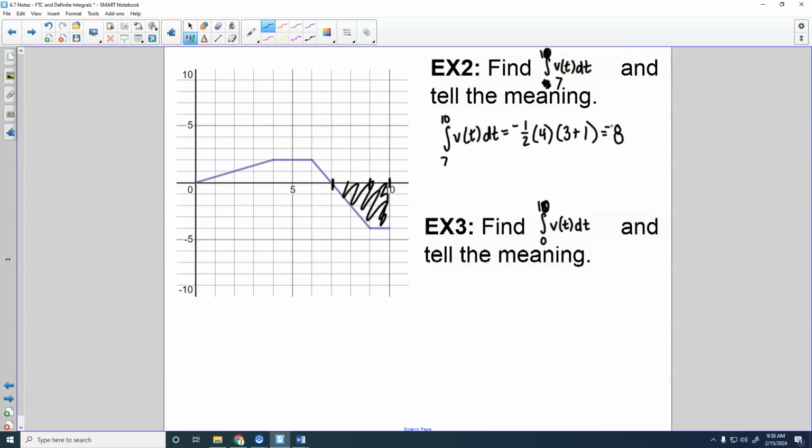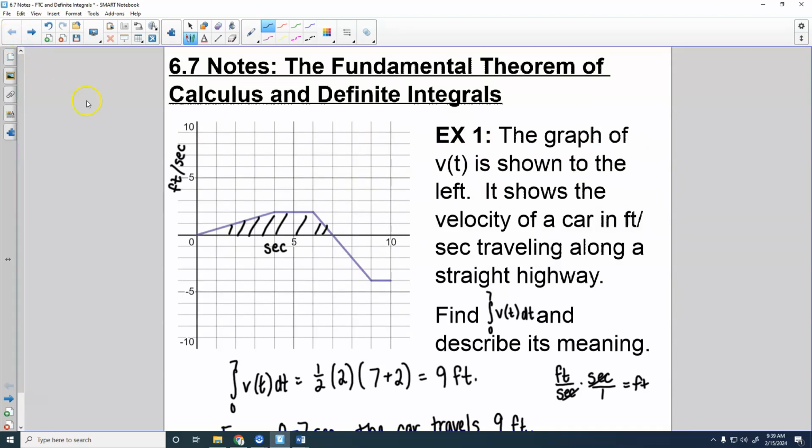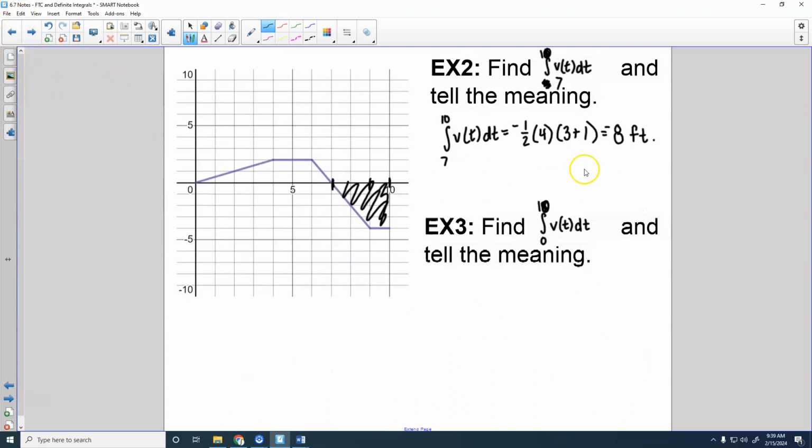Okay. And again, this is going to be feet, just like it was last time, right? What's the meaning of that, negative 8 feet? Correct. Opposite direction, 8 feet. Which, does it say left or right? It just says a straight highway, so we'll just say in a negative direction for this one.